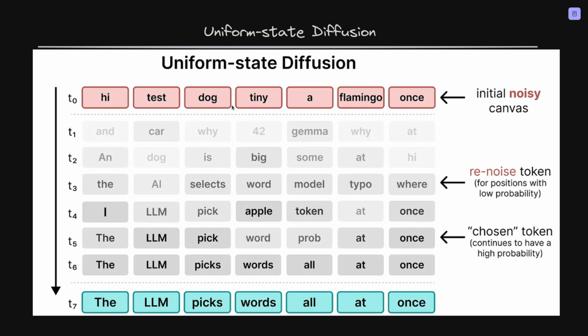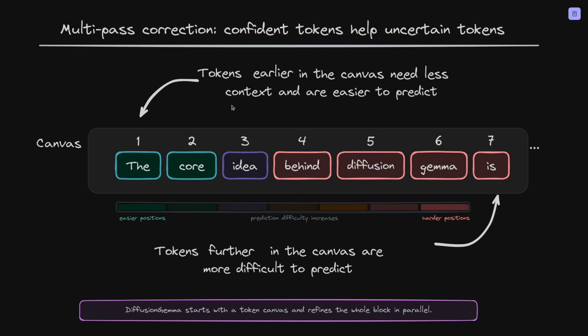So you can notice that even though Diffusion Gemma works on many token positions in parallel, not every position is equally easy. Look at this example. The core idea behind Diffusion Gemma is, even though it works on many token positions in parallel, the first few tokens are easier.